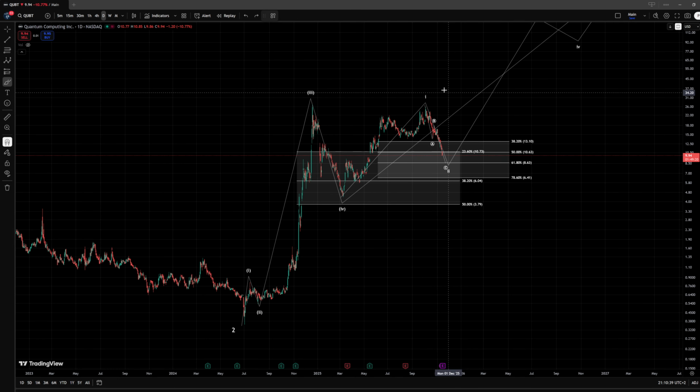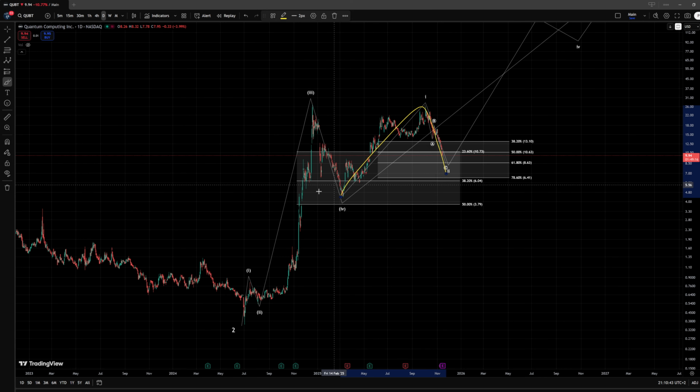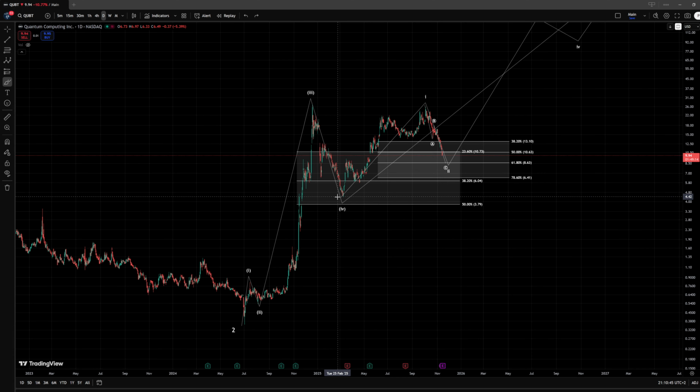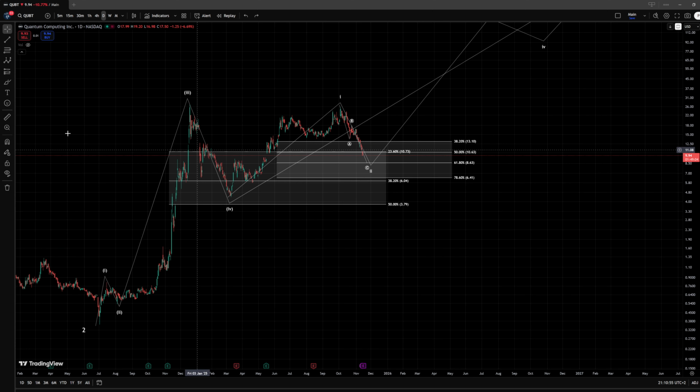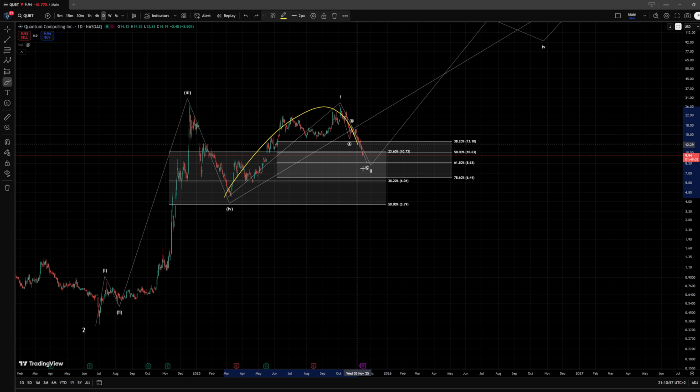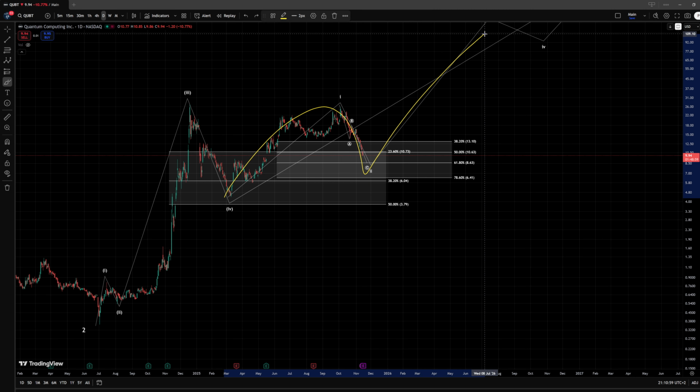So basically if we end up breaking the idea of this 1-2 setup, which means we fall below the beginning of this wave 1, we need to be watching out for a different pattern, a considerably less bullish one most likely.